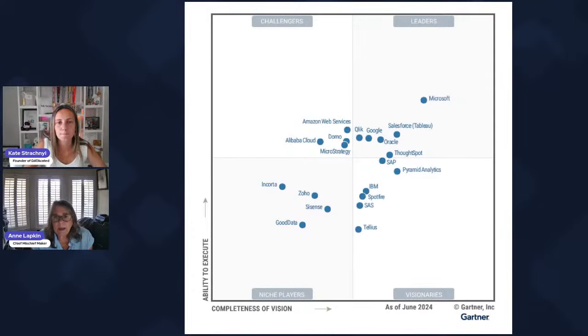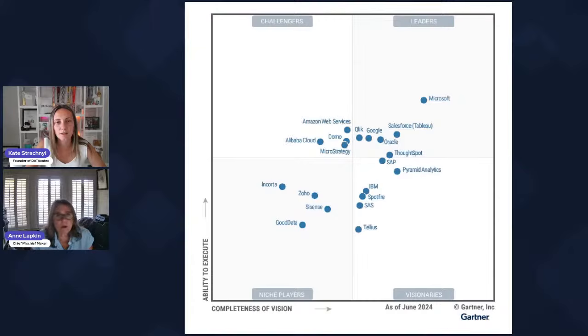The lower right hand is the visionary quadrant, which is where you find companies that don't have the resources for a very high level of execution. Maybe they're smaller companies with smaller budgets, they have fewer customers and so on, but they excel in vision and in anticipating what the market is going to need.